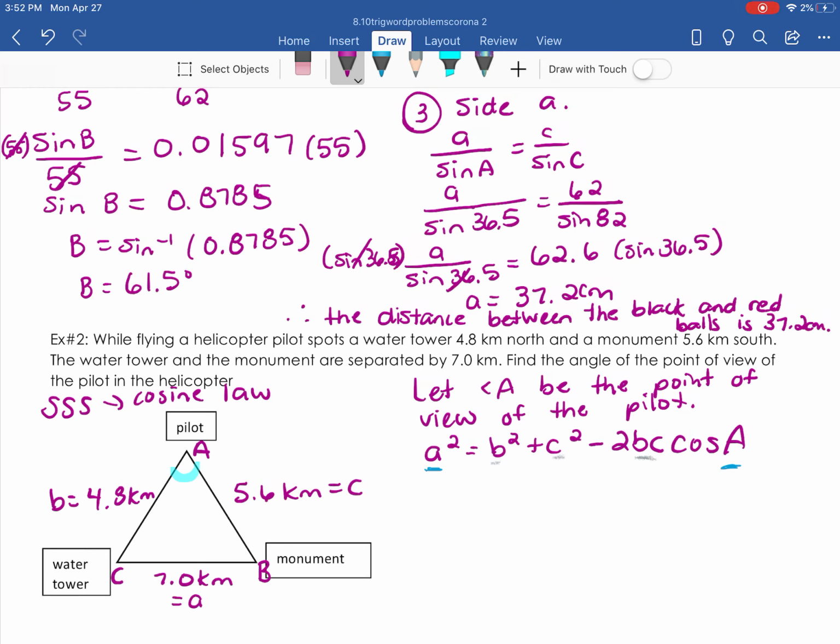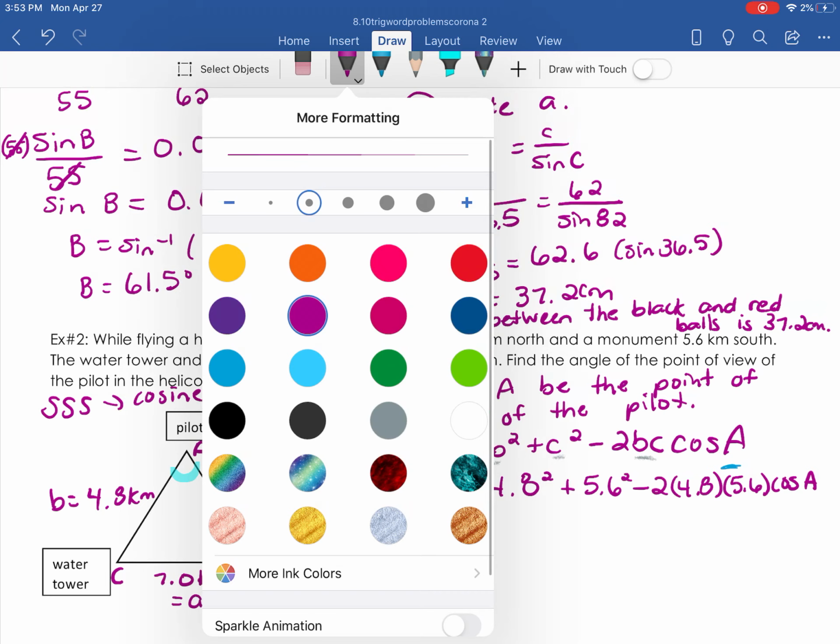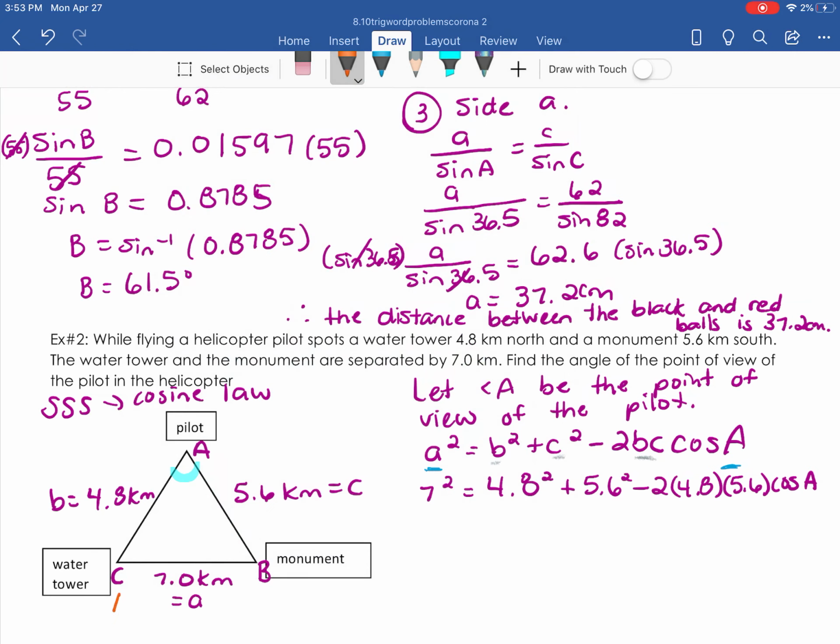All right, so now we have 7 squared and 4.8 squared and 5.6 squared and 4.8 times 5.6 cos A. Now, when you label your triangle, let's say you started with A down here and went A, B, C, then you would just adjust your formula accordingly.